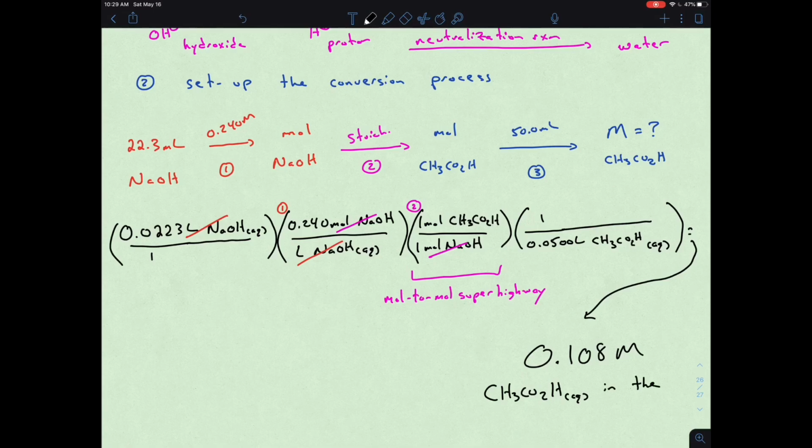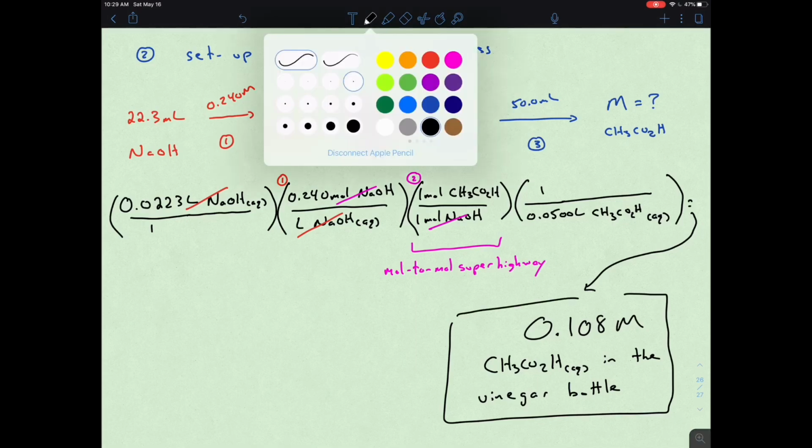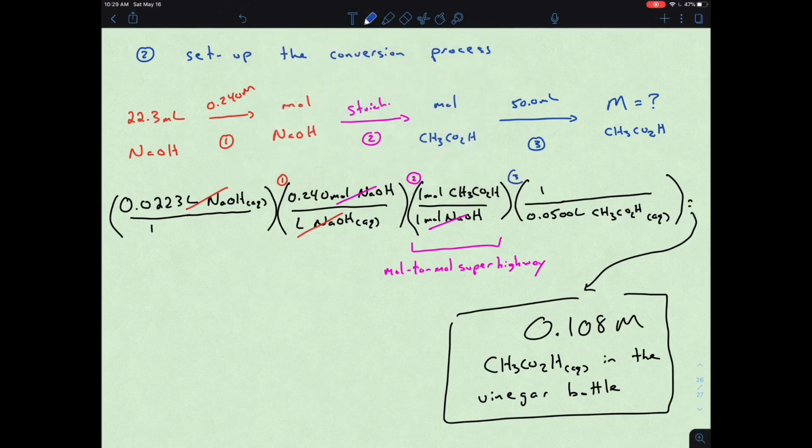right, in the vinegar bottle. Could have been slower or stepwise if you want. You could have stopped at the moles of acetic acid and then just done that as the last step, right? This third conversion. But here we can string it all in a row as well.